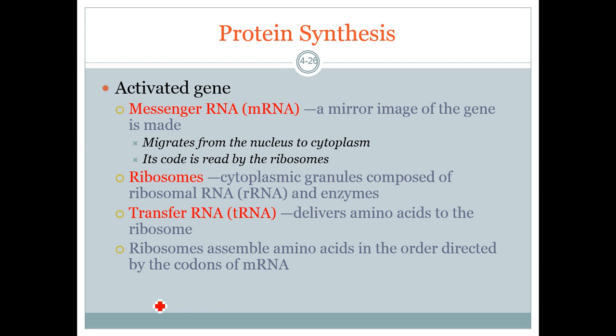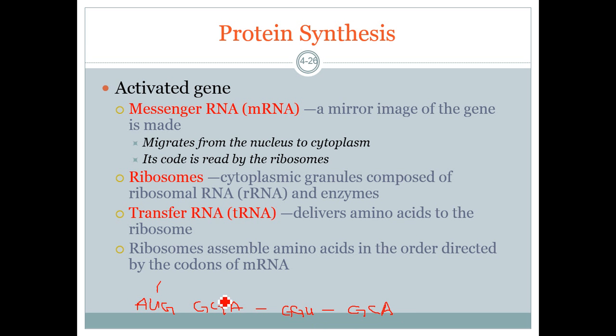So like in the last slide or so I was showing you, where you had the AUG, which is our start, our GGA, then GGU, and I'll do one more, GCA.